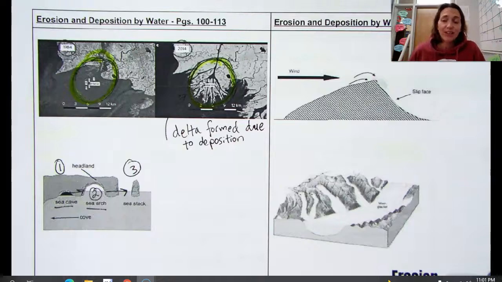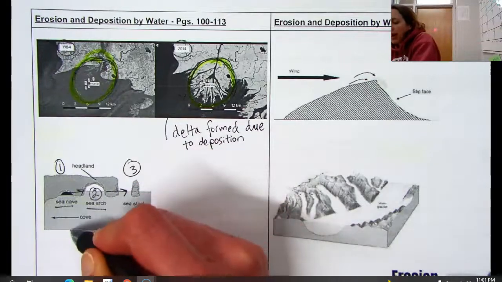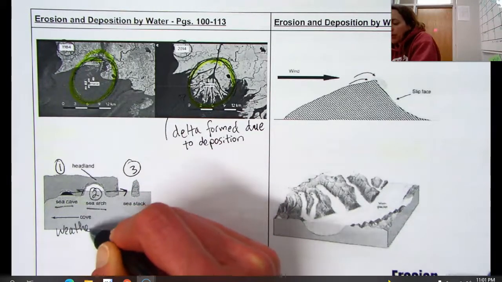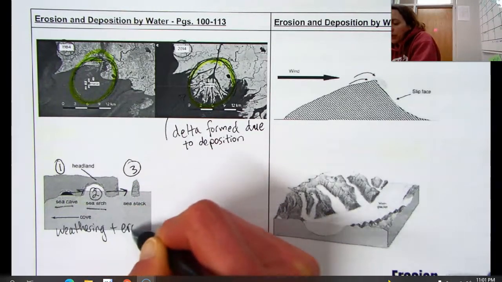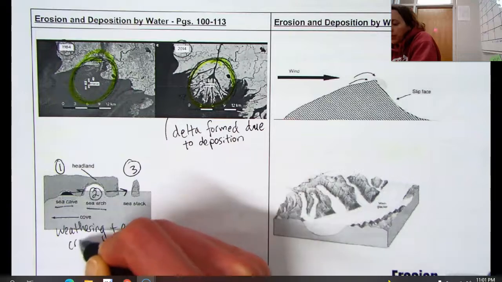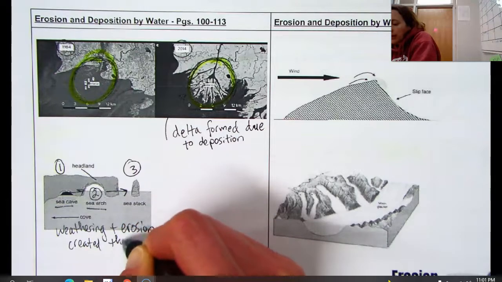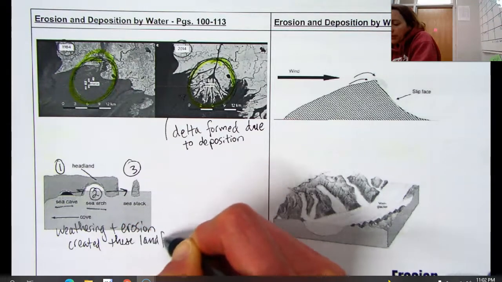You see these on coastal areas, maybe in Iceland or California, and other places around the world. And what happens here is we have some weathering, but we also have erosion. So I'm going to say weathering and erosion created these landforms.